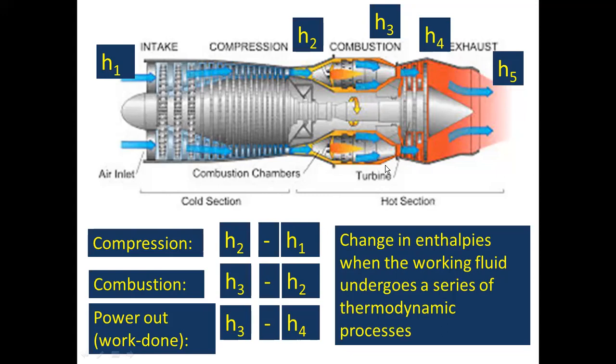Power out, work done from the turbine, is H4 minus H3. Sorry, H3 minus H4. So the changes in enthalpies, when the working fluid undergoes a series of thermodynamic processes, represent the quantification of this work done or energy inputs, directly related to the enthalpy differences.